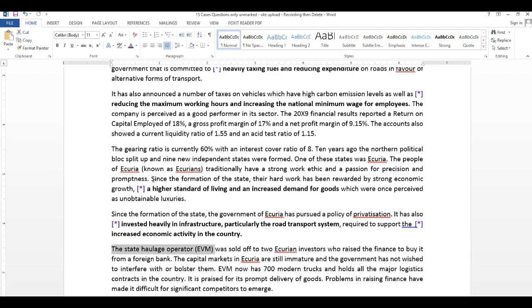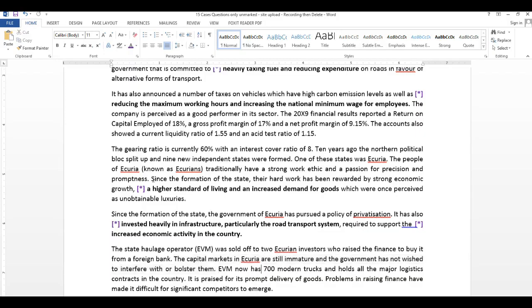The state haulage operator EVM was sold off to two investors who raised the finance to buy it from a foreign bank. So this EVM company was sold to investors from the country itself. The capital markets are still immature and the government has not wished to interfere with or bolster them.